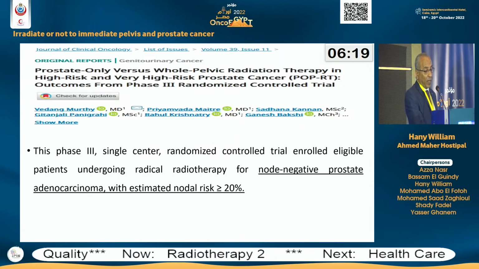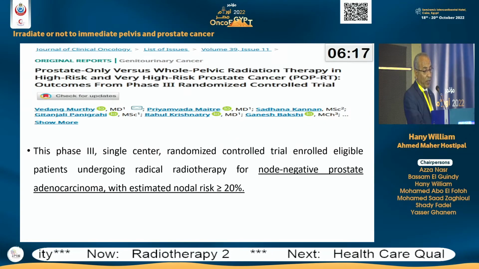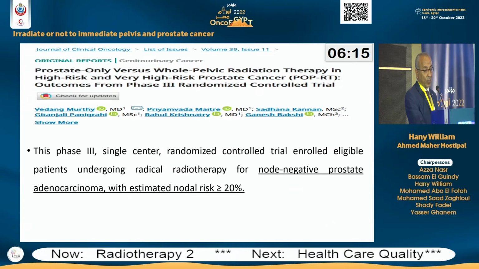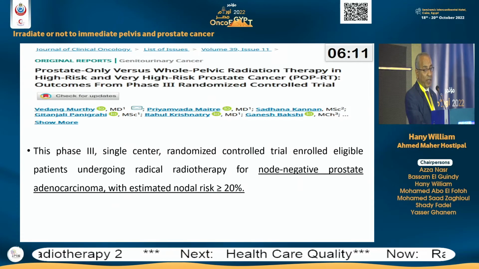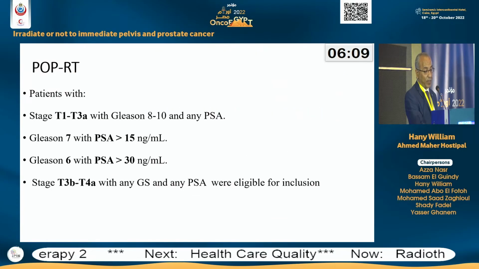The third trial, the BOB-RT trial, compared prostate only versus whole pelvic radiotherapy for node-negative patients with Roche formula nodal risk more than 20%.